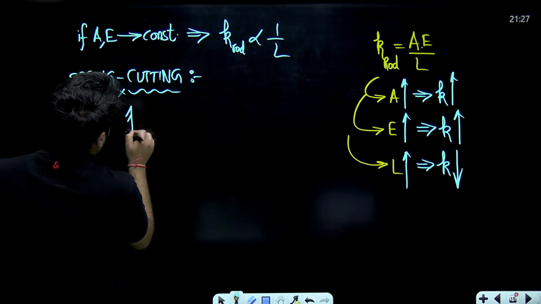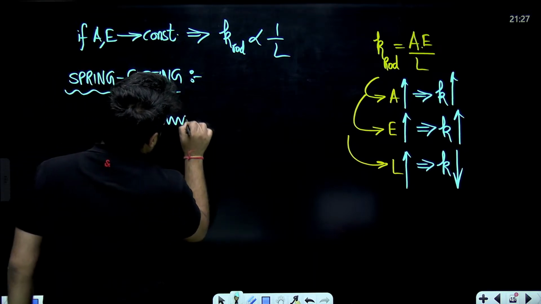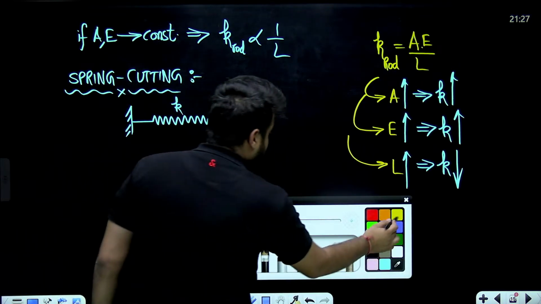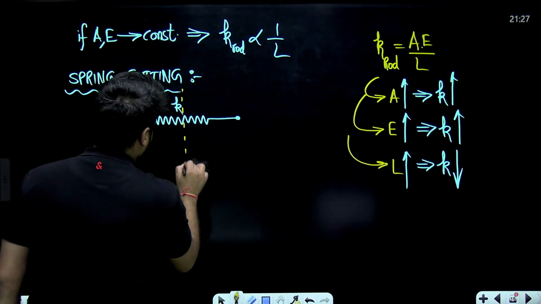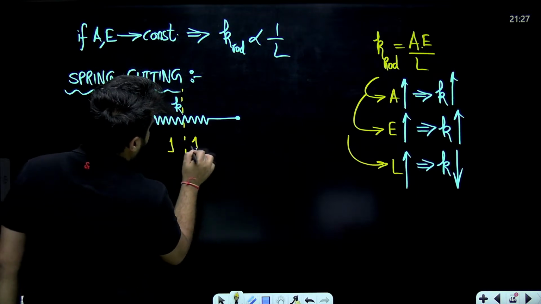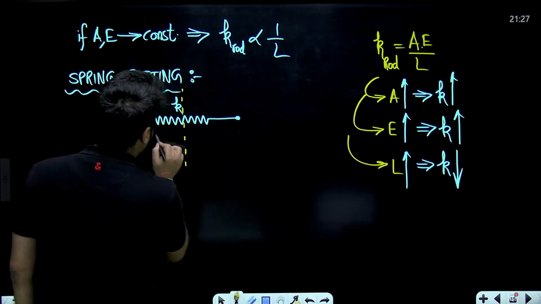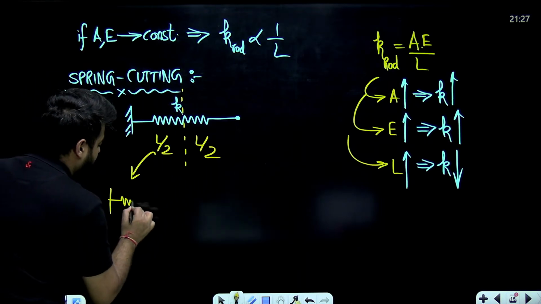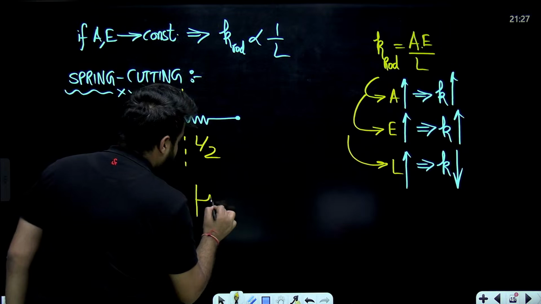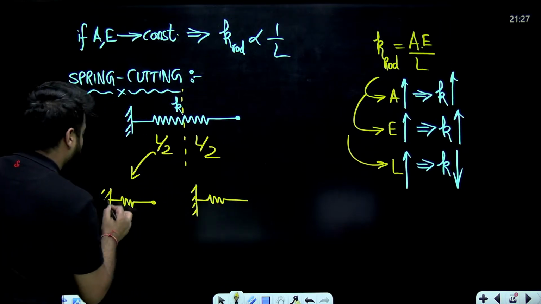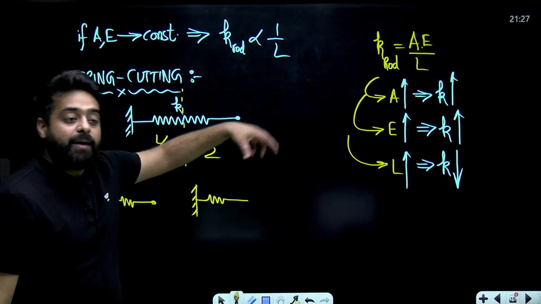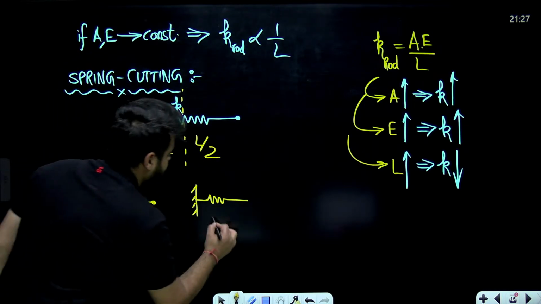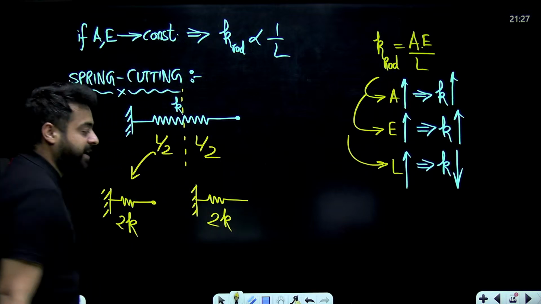If you have a spring of stiffness K, and you cut the spring into two parts, 1:1, means you cut the spring at L by 2, can you tell me what is the stiffness for the L by 2 part and what is the stiffness for the remaining L by 2 part? If the length becomes half, the stiffness becomes 2 times, inversely proportional. The stiffness becomes 2K if initially the stiffness is K.